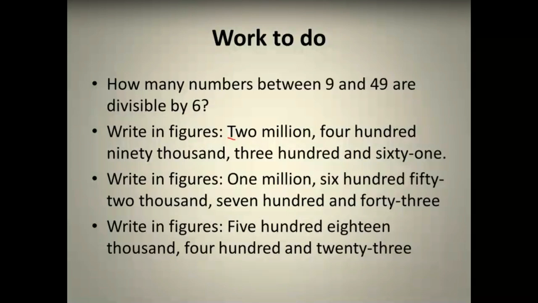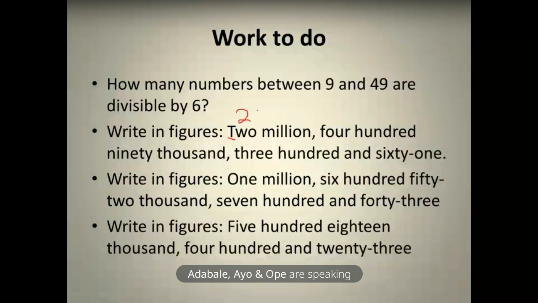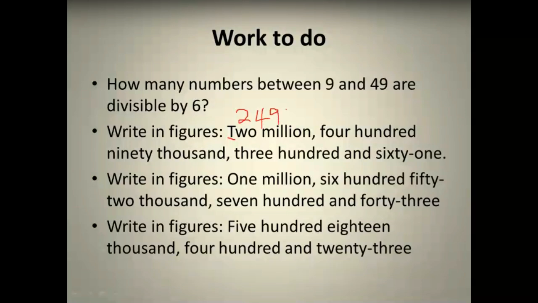Okay, let's all take it together. Everybody, let's take it together. If you have the answer, 2,490,361. Let's go. Start: 2, 4, 9, and then what's the next thing after 9? 0. 0.